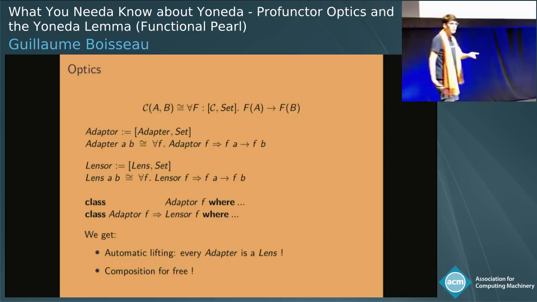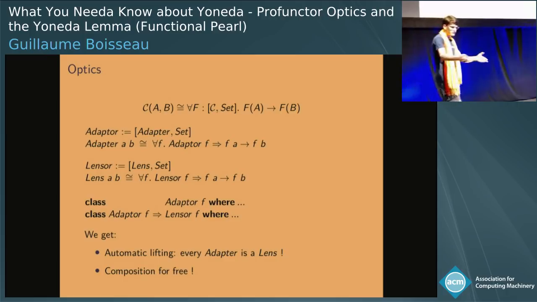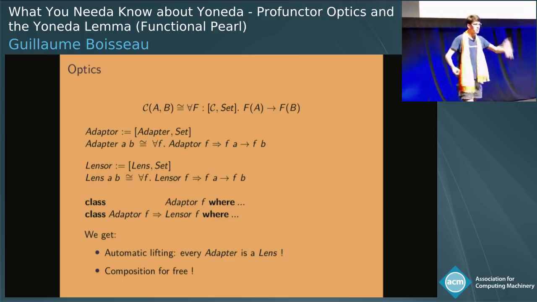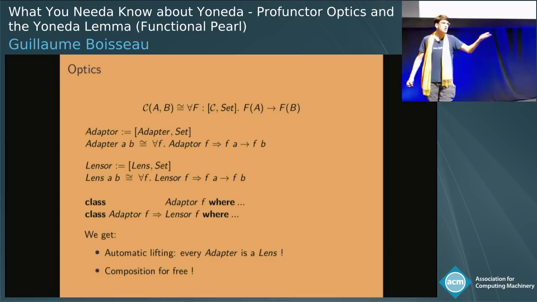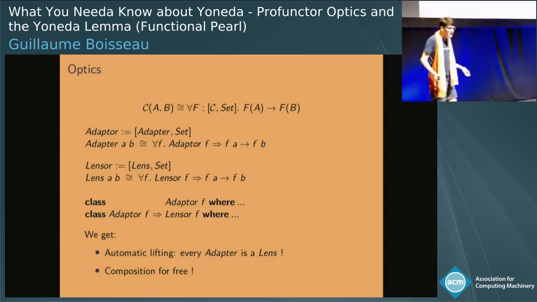So I get composition for free in that setting, and the double Yoneda embedding tells us that this composition is actually compatible with the composition of adapters and lenses that I mentioned earlier. So we get not only that every adapter automatically works if I need to use it as a lens, but I can compose those things together. And Haskell will figure out the right type for all those things.